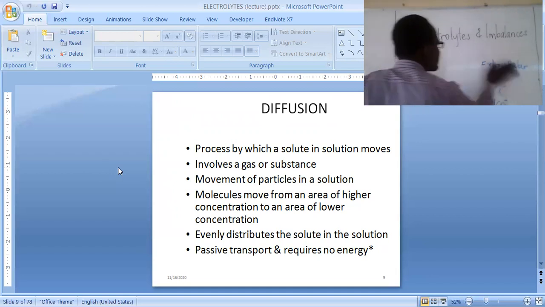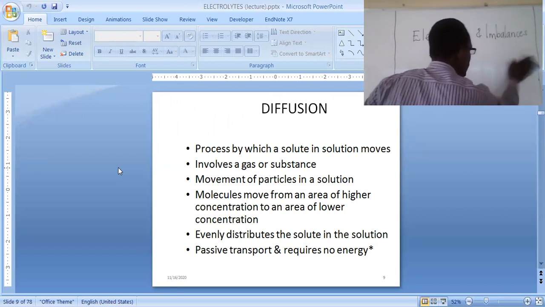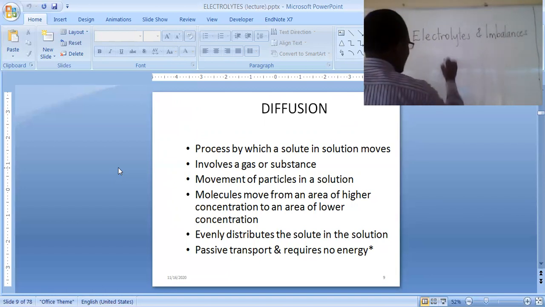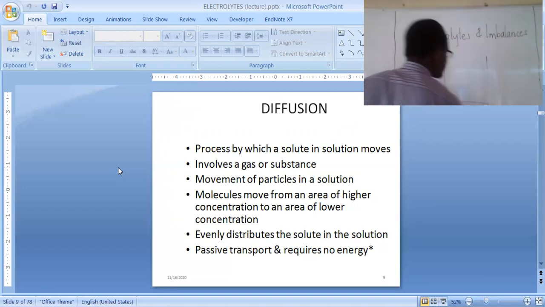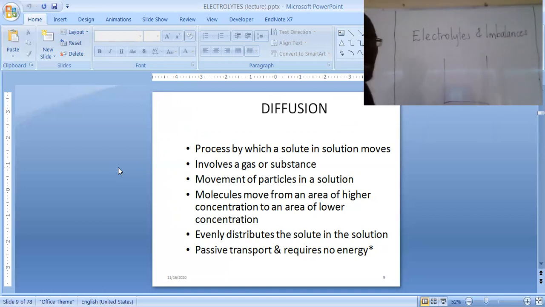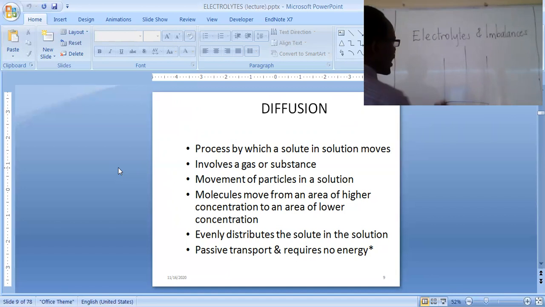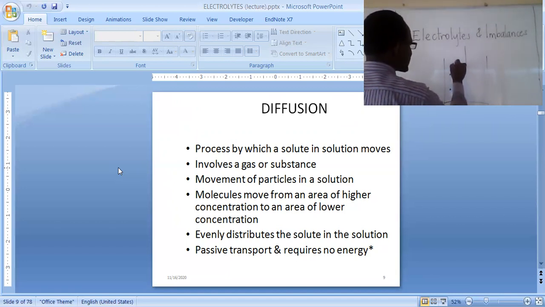This is what we are trying to say: if you have something like this, and then you have maybe ions here, something like that.